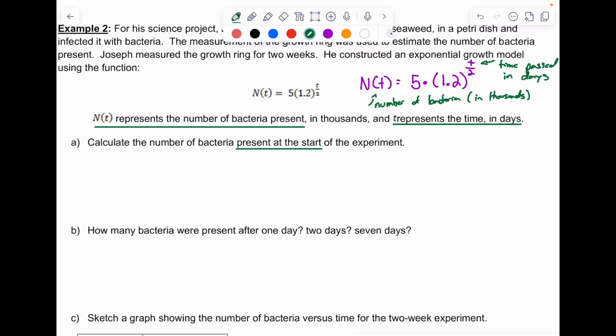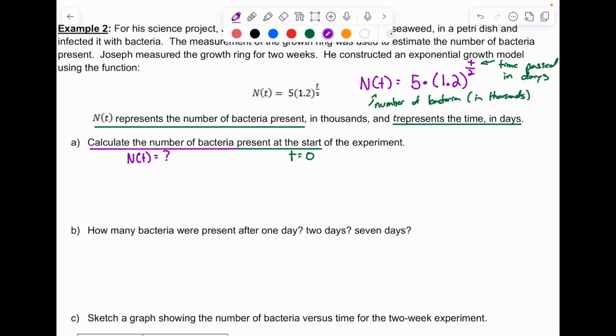When you're dealing with these word problems, like when you think back to quadratics, when you're modeling something that has to do with time, okay, in our case, time is one of your variables. When you are at the start, that should indicate to you that I'm asking you to substitute t equals 0 into the problem, okay? So in this question, it's saying calculate the number of bacteria, so it's asking you to solve for n of t.